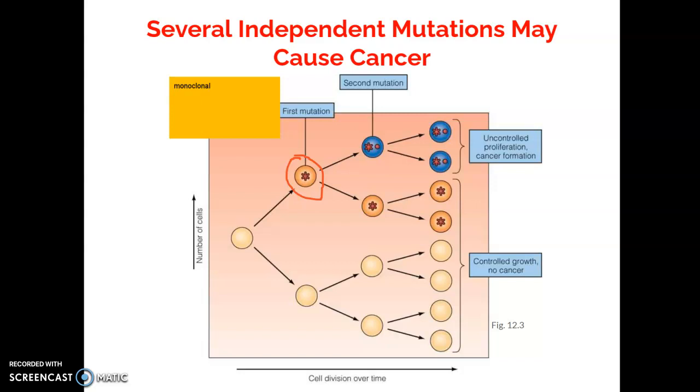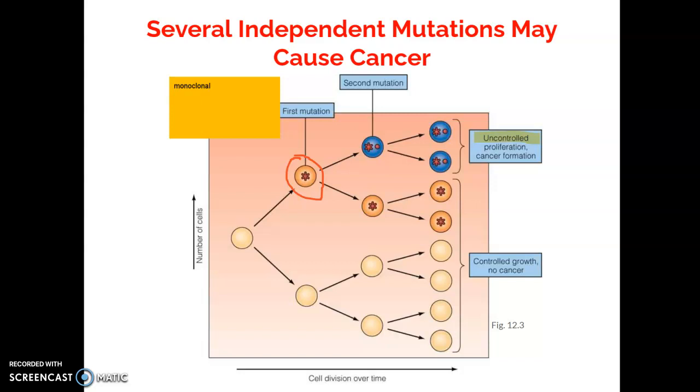But from that one bad cell with that one mutation, we have a second mutation and then uncontrolled proliferation. Notice this line down here doesn't go into cancer because it's only got one mutation, but the one on top has multiple mutations. So this is the uncontrolled proliferation, because we have multiple mutations in that one particular cell line.